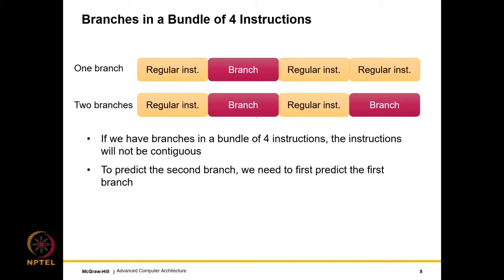But if we have 2 branches, it becomes much harder because the program counters of these instructions depend on the prediction of this one. So this becomes a sequential process, and even more branches create more difficulty in doing the prediction, right?